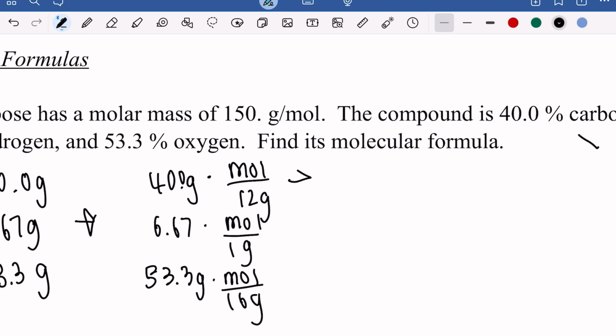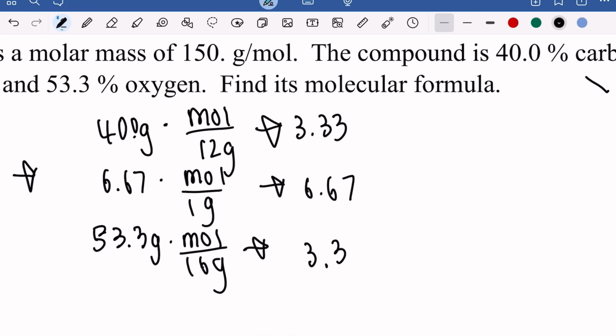Okay, now let's calculate them. 3.33, 6.67, and 3.3.